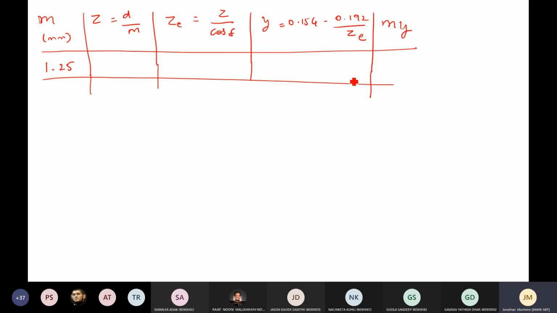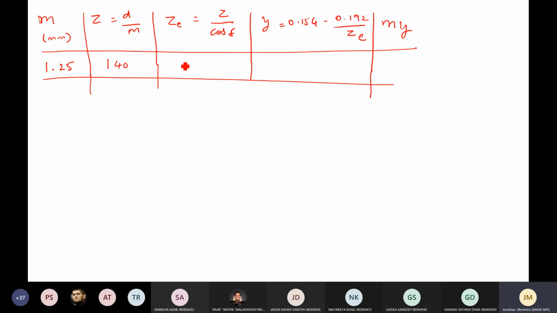Then your z will be 140, you'll get a whole number here. So d is 175, and 175 by 1.25 is 140.